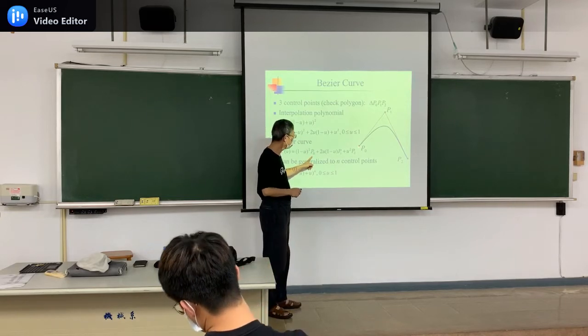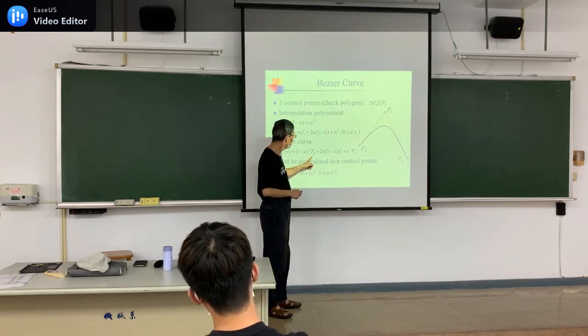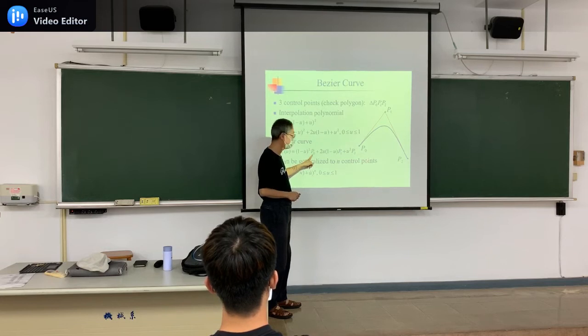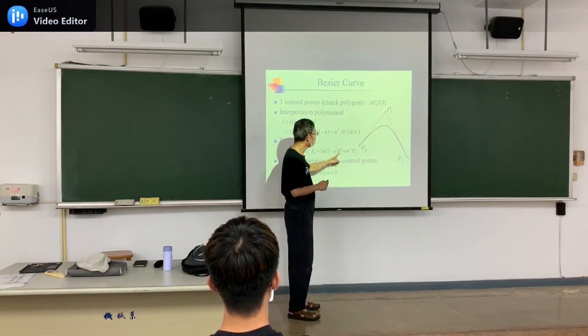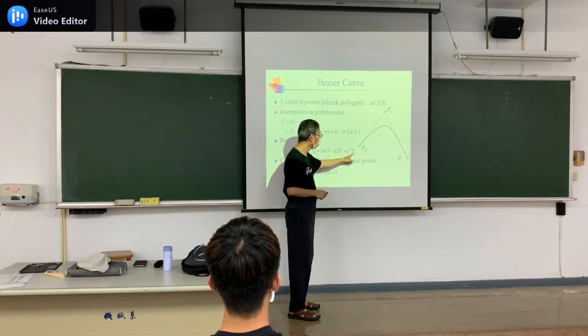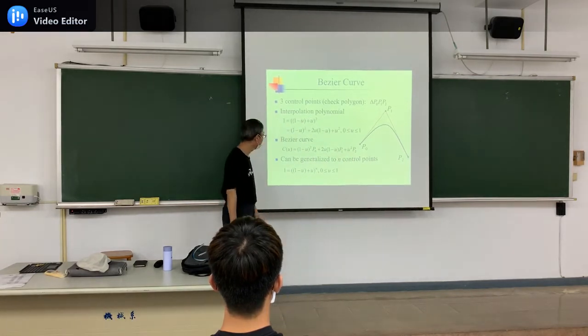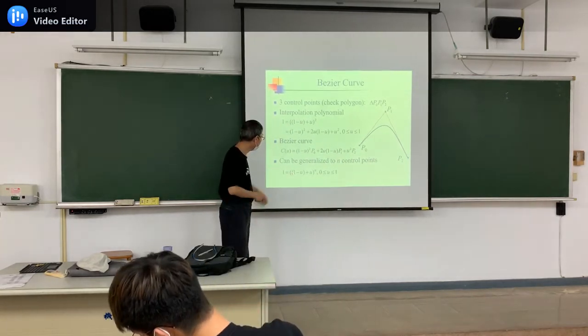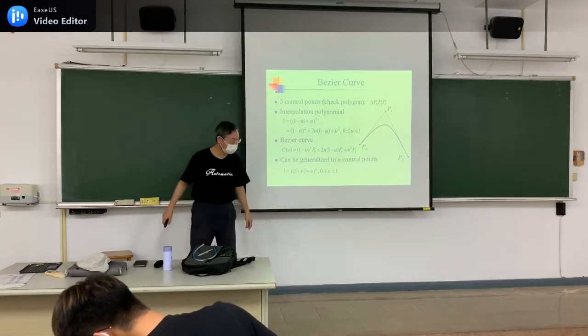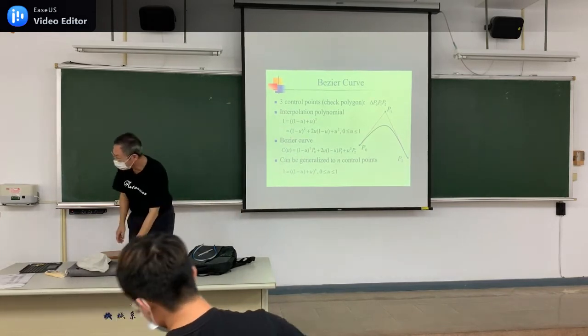This point, for example, is 0, 0, it's a vector. This one is 1, 2, for example. This point may be 3, minus 1. It's a vector. So you can form a geometric form.